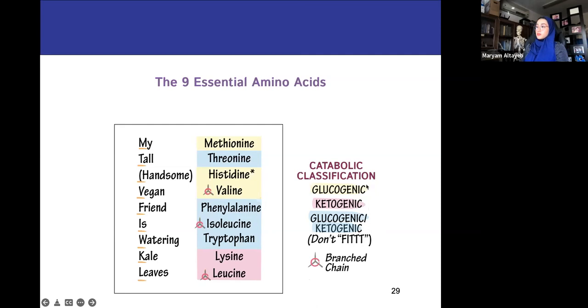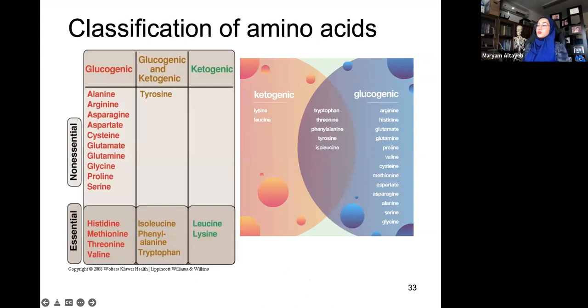Does that make sense for everyone? Again, this is just an easier way for you guys to remember it. The way I usually memorized it was, I'll show you guys this table. Just remember, exclusively ketogenic is lysine and leucine. Glucogenic are most of them. So what I used to do is memorize the ketogenic ones and the ones that are both glucogenic and ketogenic, and the ones that are only glucogenic are everything else.